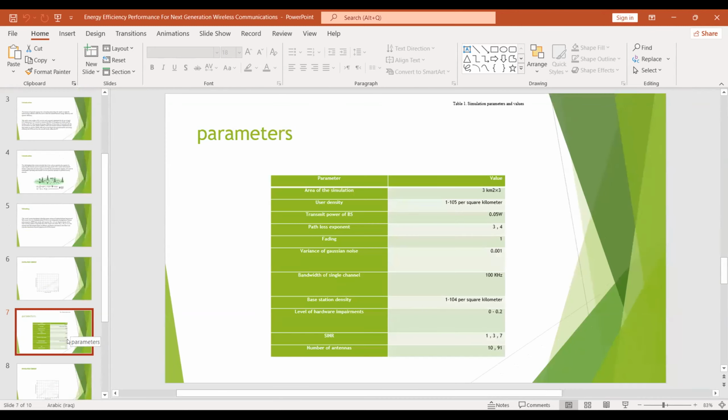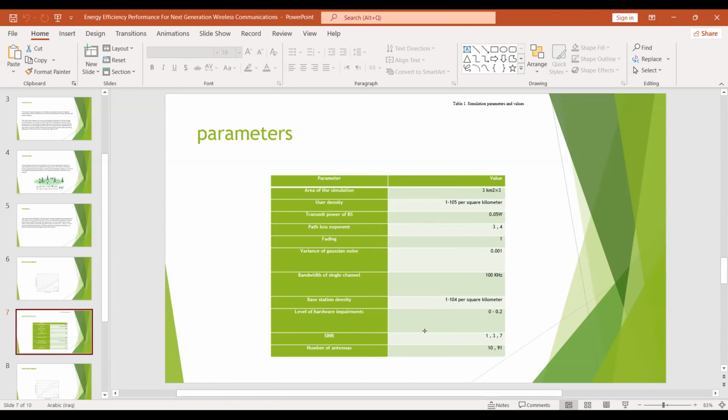Here we talk about the parameters that we used for the previous and the coming results. The area of simulation is 3 kilometers, transmitted with 0.05 watt, path loss 3.4, and the bandwidth of the channel is 100 kilohertz.